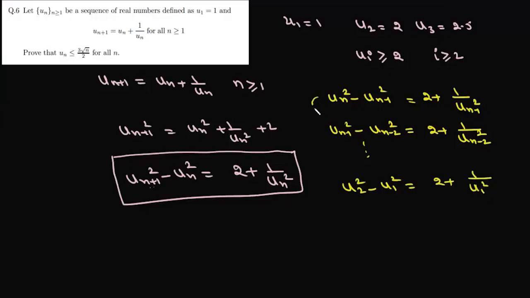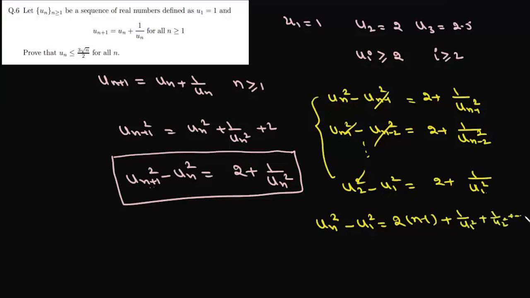Now if we add all of them, then these successive terms will cancel. So we can write Un square minus U1 square, and here this is 2 plus 2 plus 2, from 1 to n minus 1, n minus 1 times. So there will be 2 times n minus 1, plus 1 upon U1 square plus 1 upon U2 square up to 1 upon Un minus 1 square.